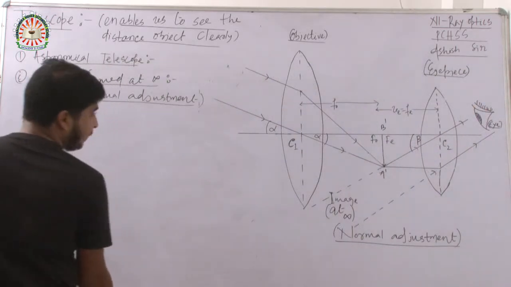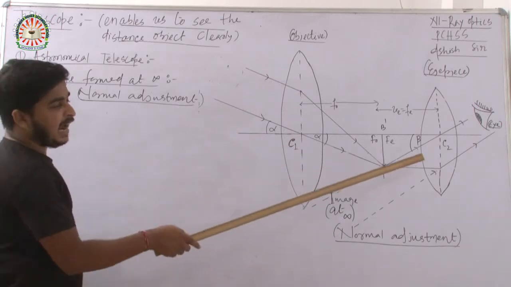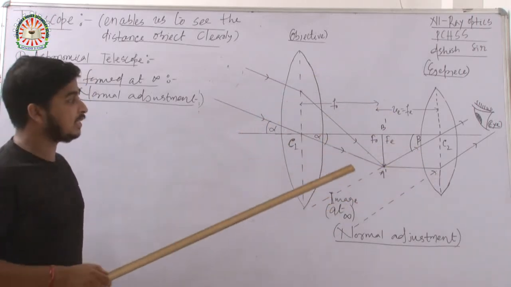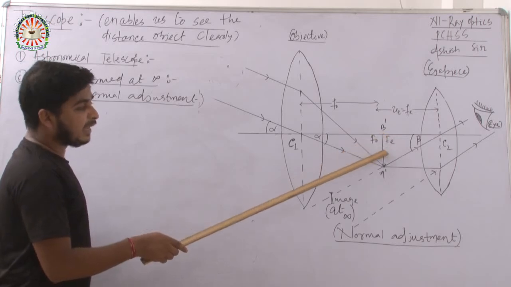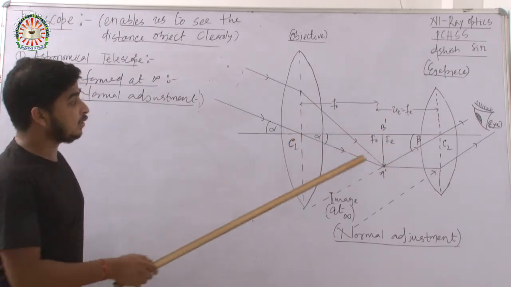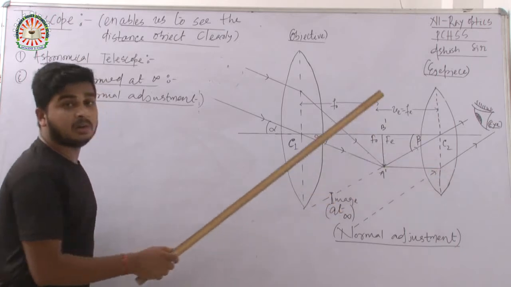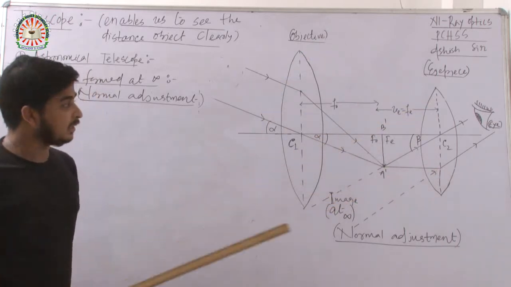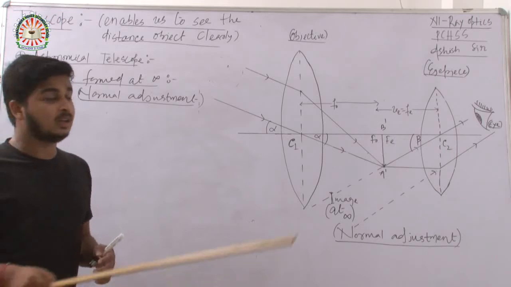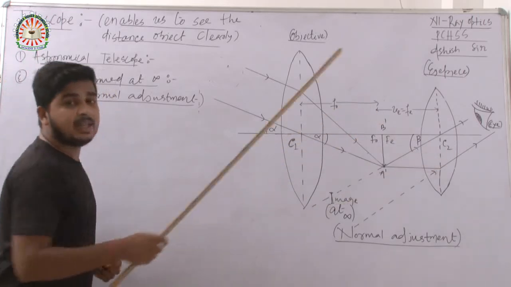As we have rack and pinion adjustment, we adjust the focus of the eyepiece in such a way that the image dash formed by the objective is on the focus of the eyepiece. It means the image dash is formed on the focus of the eyepiece.